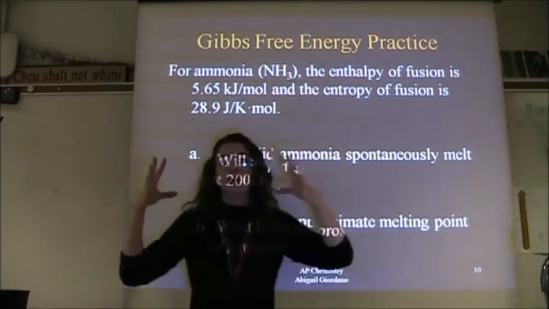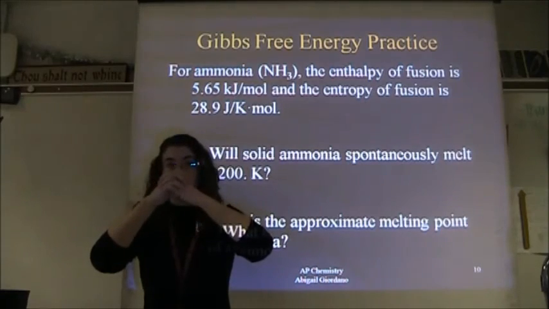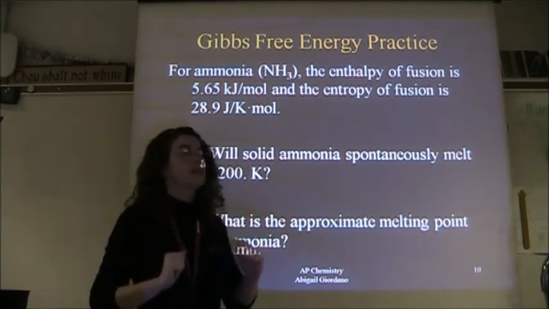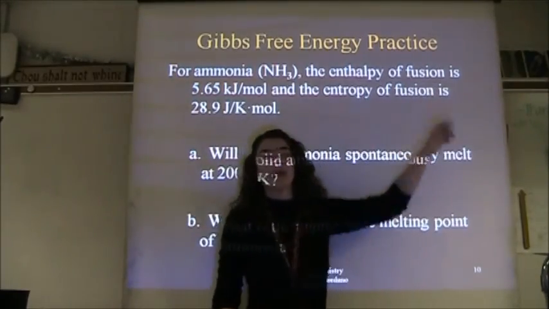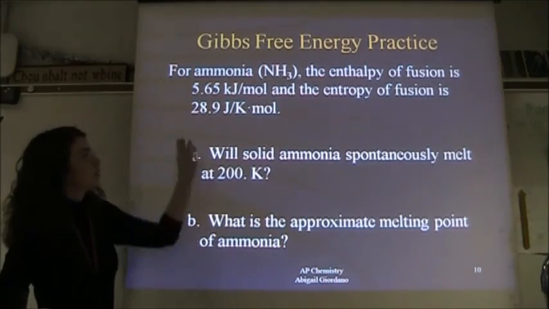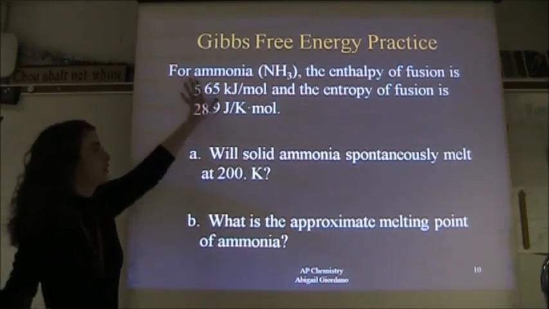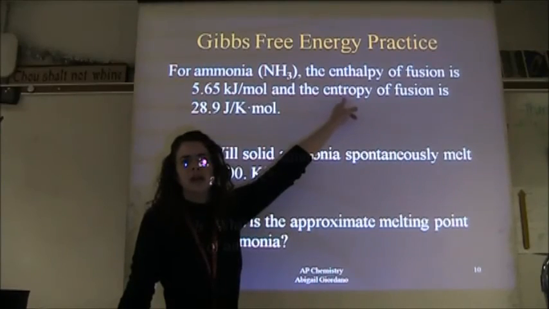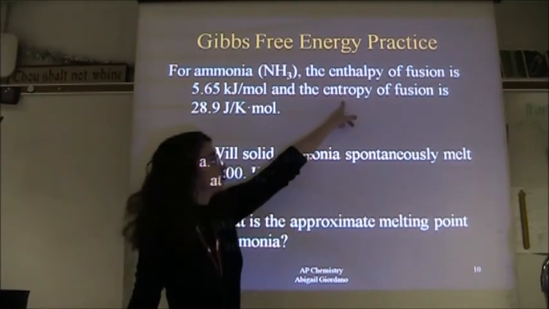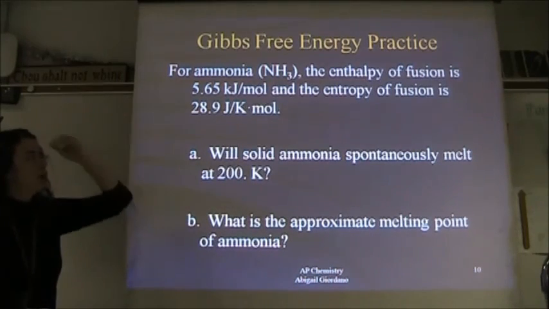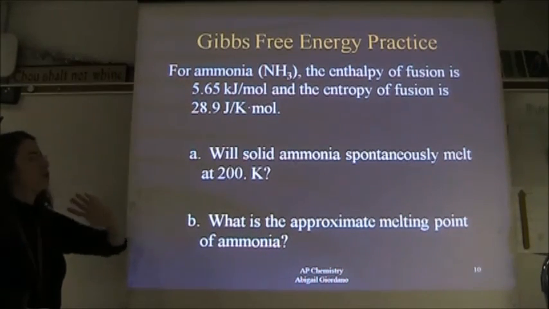It does not mean putting two things together. It's a fancy word that means melting. So the heat of melting is this. Which variable is this one? Delta S of melting is that. Will this ammonia spontaneously melt at 200 K?